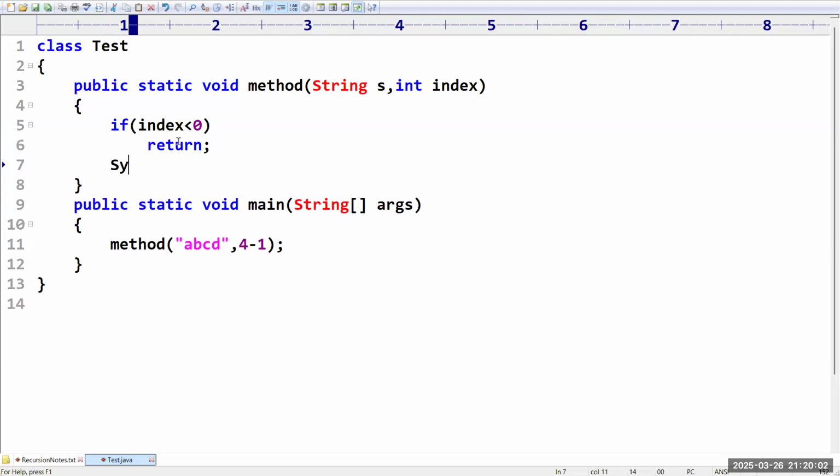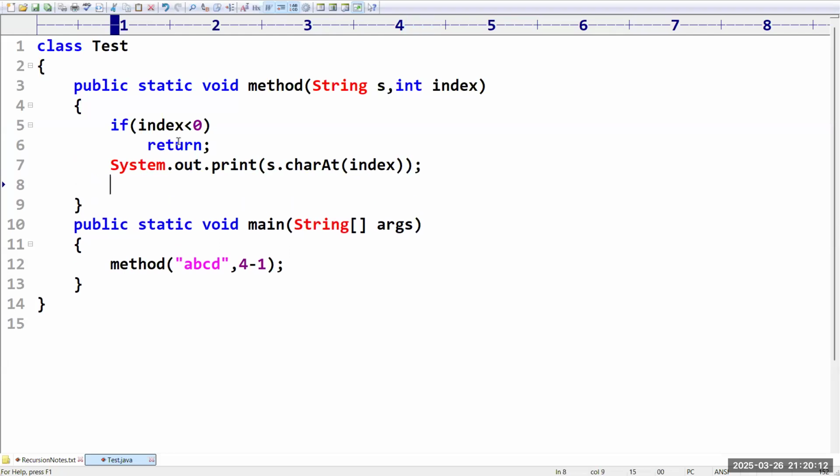Otherwise, System.out.print of s.charAt of index. After doing this, again I am calling the method by passing the string and index minus 1. But don't worry, if I show this with the help of a diagram, you can understand well and slowly develop the logic.